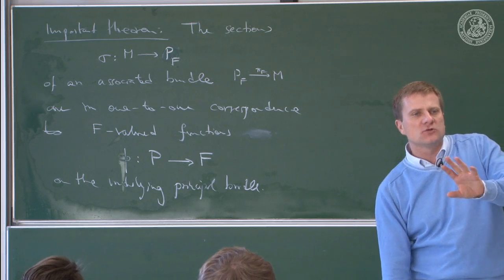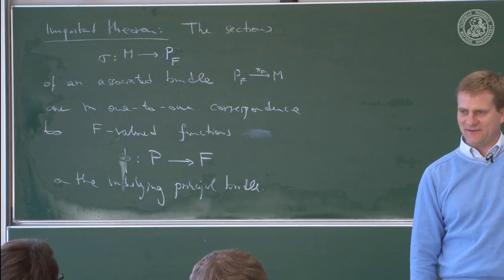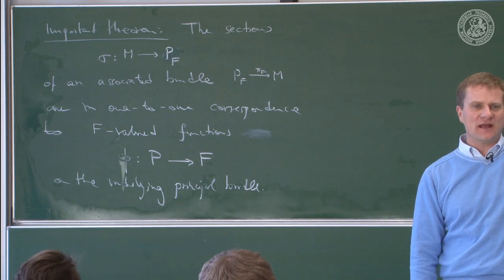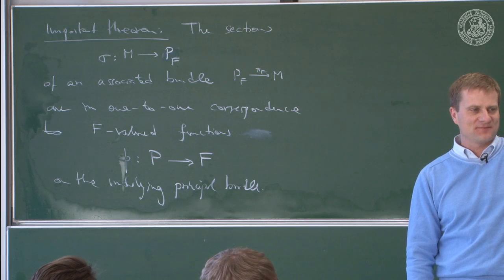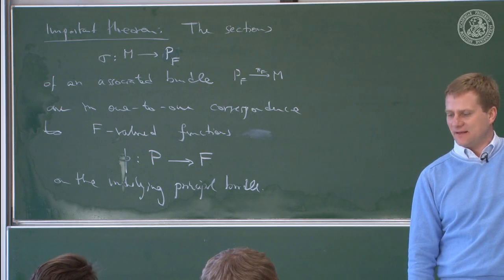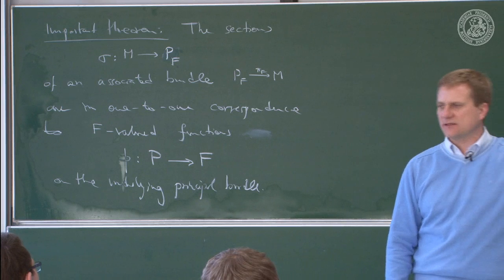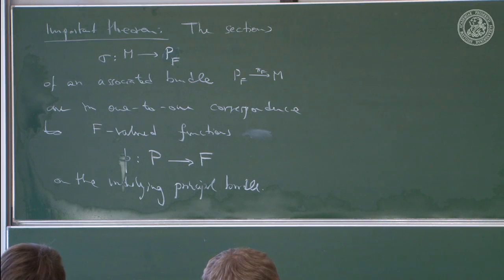But if we go to the principal bundle, and we attach to every point of the principal bundle an F, a vector, such a function directly translates to a function on the associated bundle.